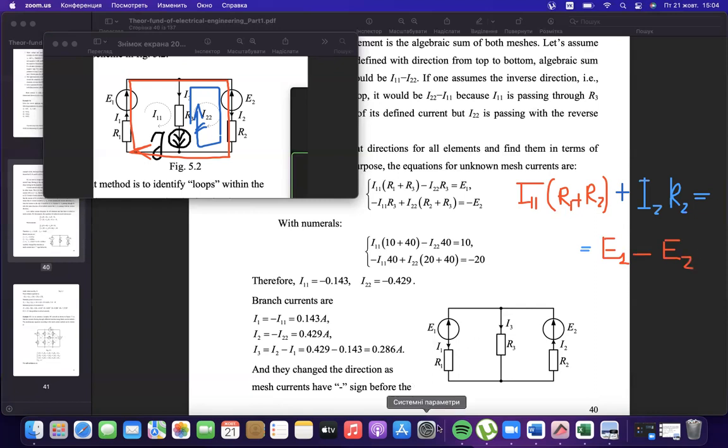And what about the second circle? The second mesh current I22 double index should equal just J. Instead of these two equations, we obtain this pair. One of them is already solved because J is a constant, it is a number. And we should find only the unknown current I11.